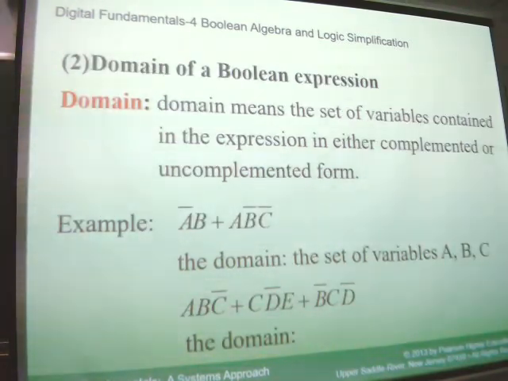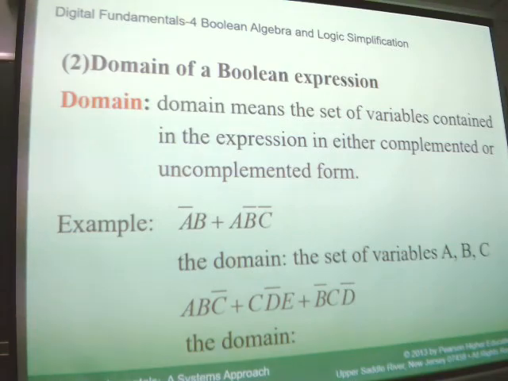Then the important concept: domain. Domain means the set of variables contained in the expression in either complemented or uncomplemented form.